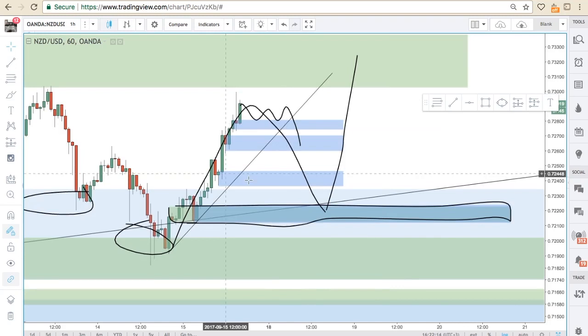And that's pretty much it, right? So if price breaks this 1 hour trend line, we're looking for a 4 hour demand zone at least to trade long from. Okay.